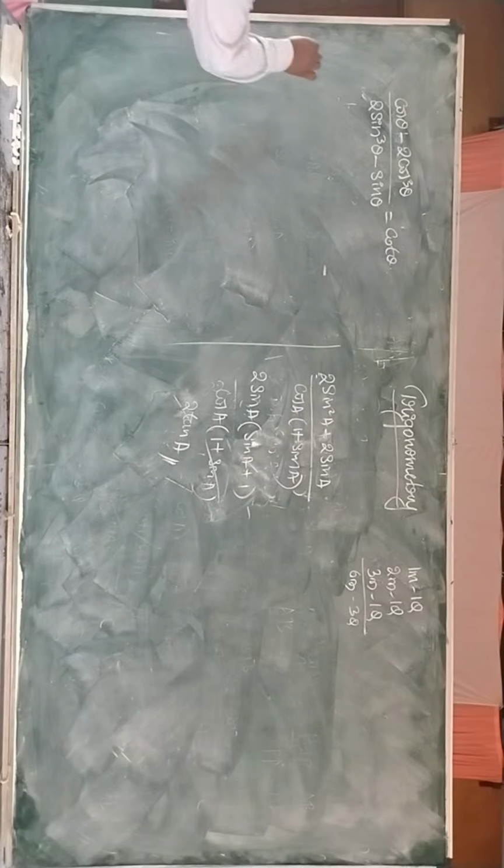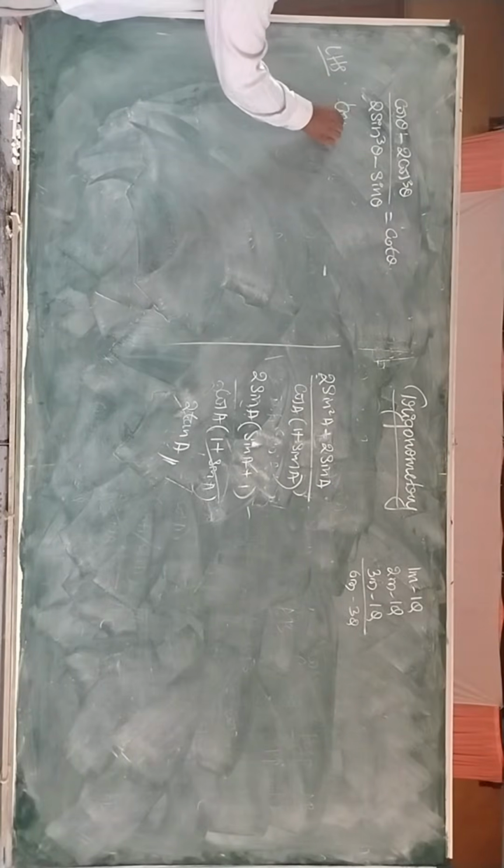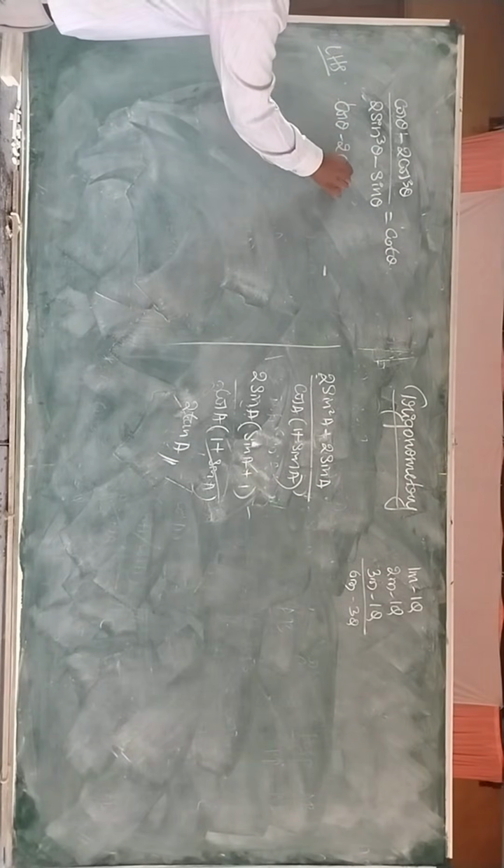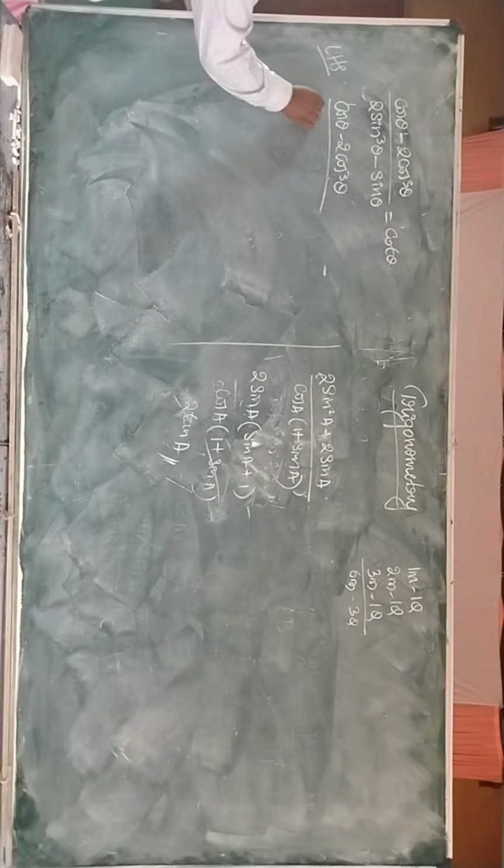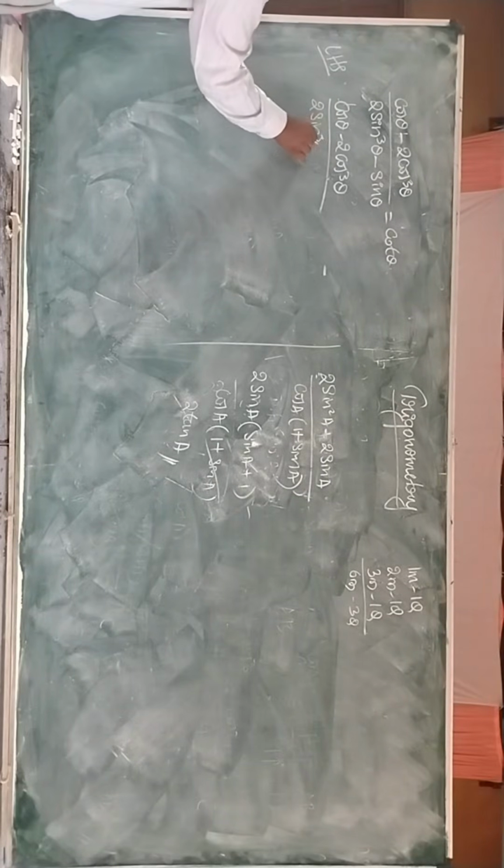Okay, yes, LHS side we can take here. Simple LHS side: cos theta minus 2 cos cube theta divided by 2 times sin cube theta minus sin theta.